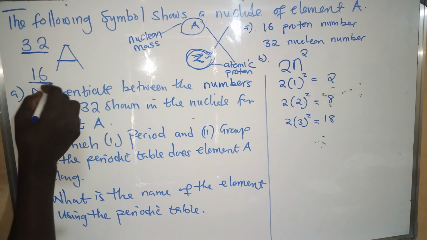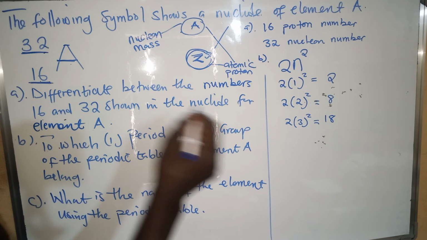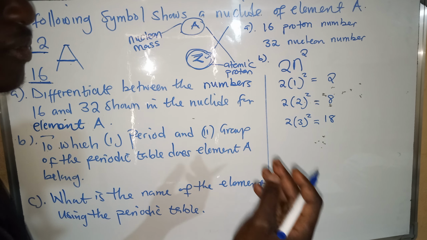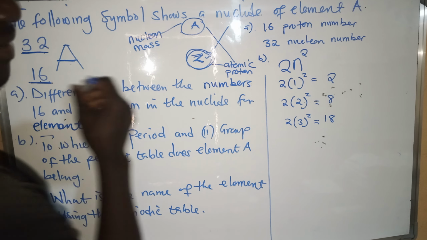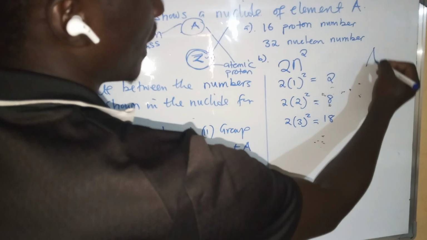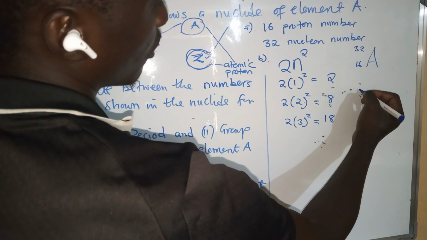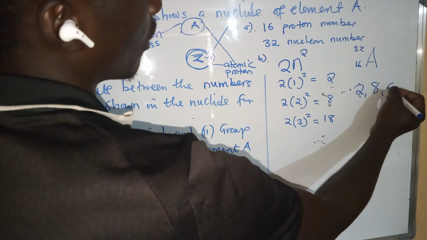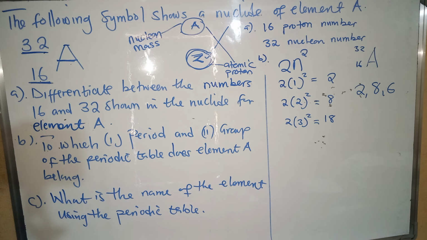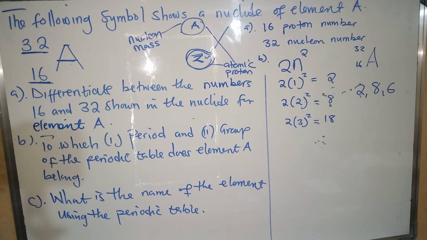So what are we saying? We are going to use 16. When we add all electrons that are there in each shell, we should get the total as 16. So if I put my A there, I put my 32, I put my 16, I'll have 2, 8, 6 like that.